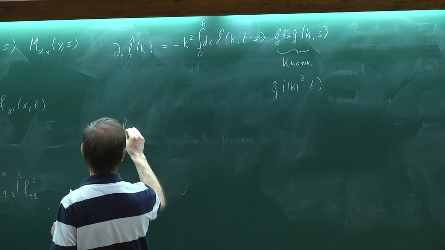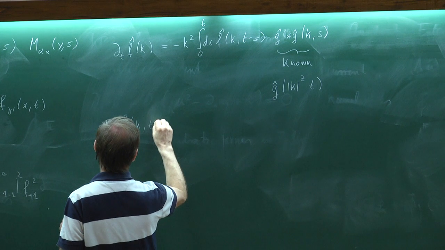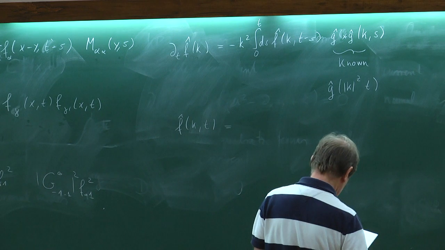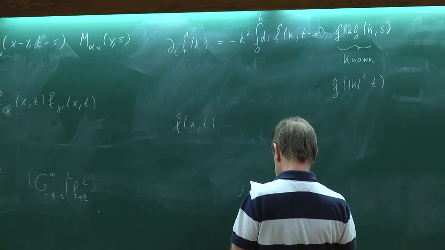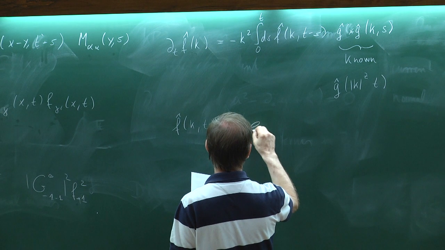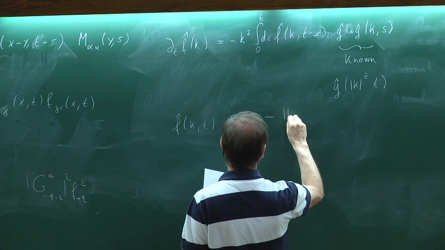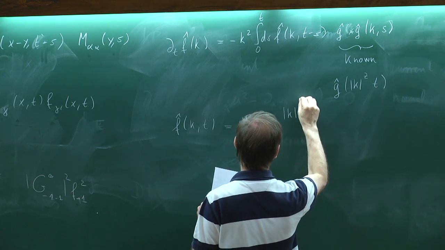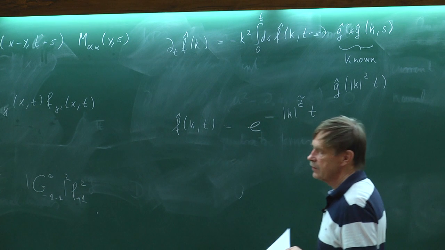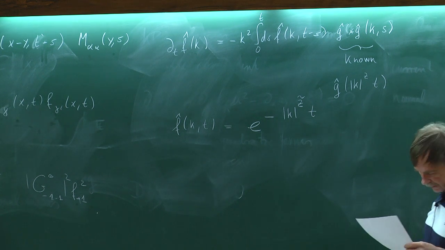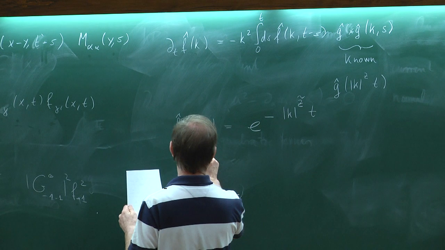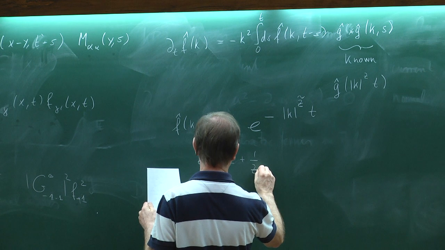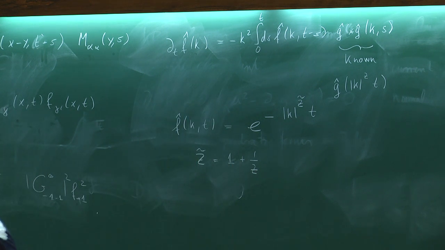The assertion is that f hat of k and t, as the long-time solution of this, is actually a stretched exponential. It is given by, up to some factors which I leave out for the moment, a scaling factor with a new dynamical exponent, which I call c tilde. The relation between c and c tilde is that c tilde is equal to 1 plus 1 over c. That's the result which you can check.